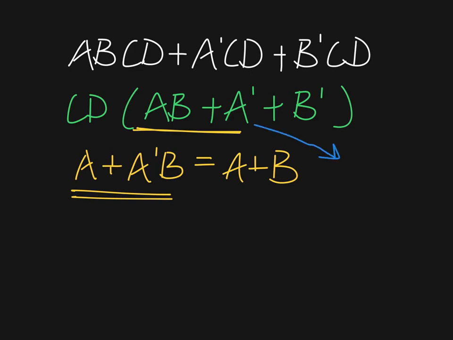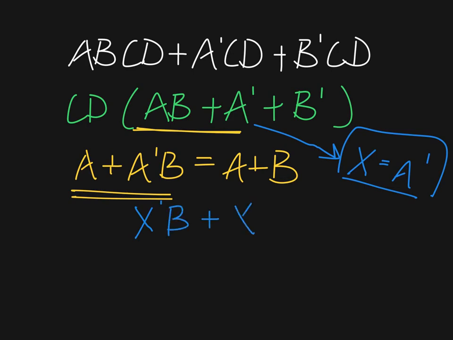But you can clear that in your mind by simply doing this. Take this statement here and convert it. Make X equal to not A. Just use a simple substitution and then rewrite that. And what do you get? You get X'B plus X. Now look at that pattern and compare it to that pattern. They're the wrong way round, but actually they are the same pattern.